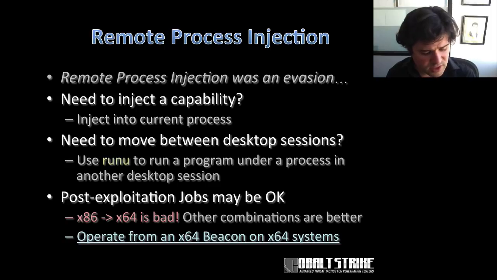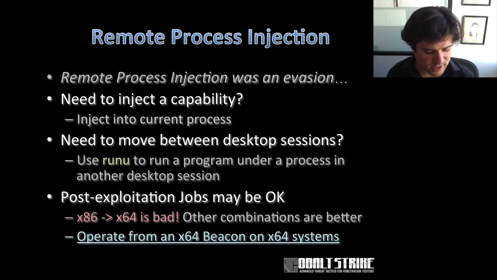Well, let's say you need to run something that targets a specific remote process. You can inject into yourself. That might work. And what do I mean by that? Well, like the screenshot command. It lets you specify a process and an architecture. Inject it into your current beacon process.